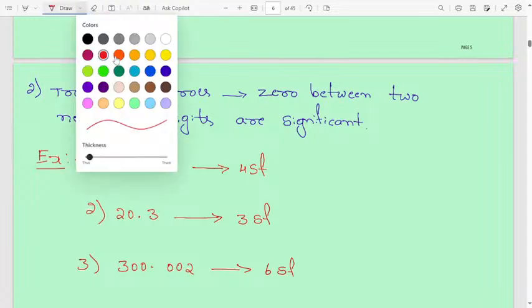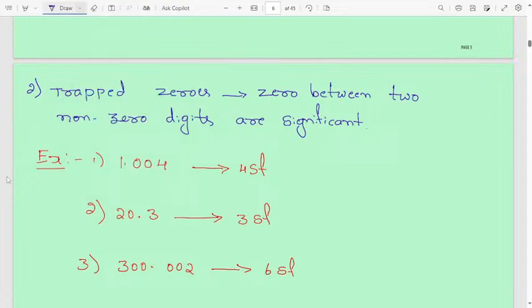I will write, don't worry. Trapped zeros, see here, these two zeros are the trapped zeros between the numbers 1 and 4. Trapped zeros will be present between any non-zero digits. If you are having trapped zeros between non-zero digits, those zeros we can consider as significant values. This zero also is trapped between the two non-zero digits.